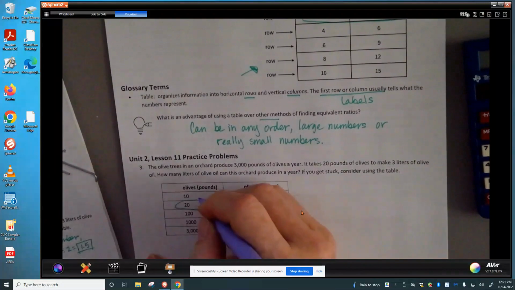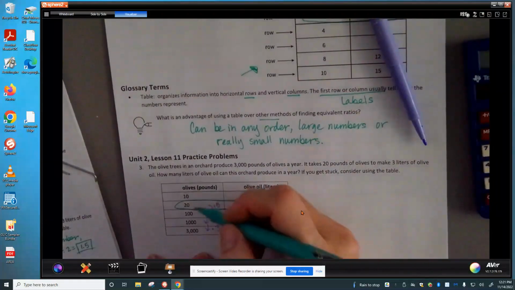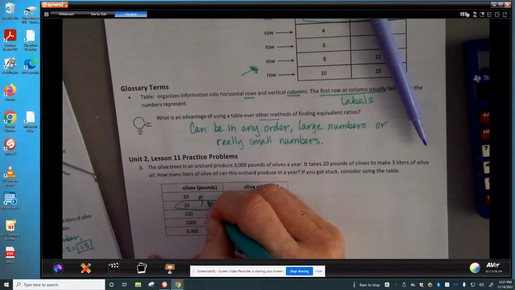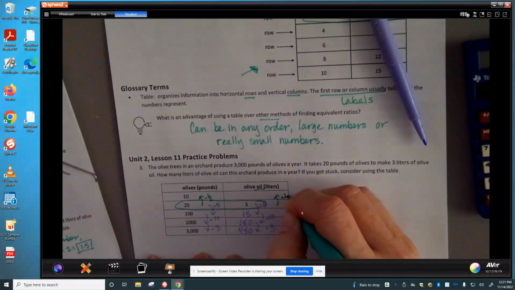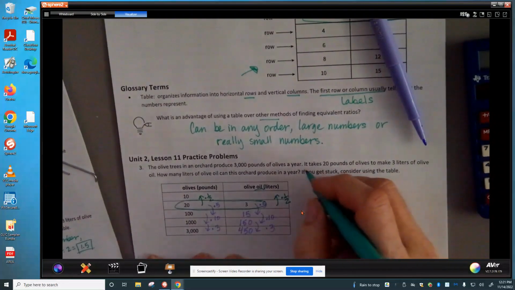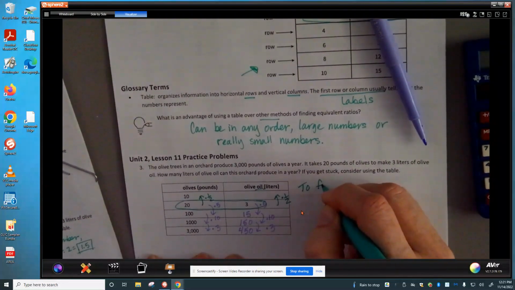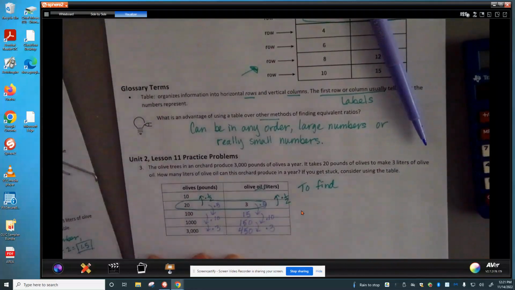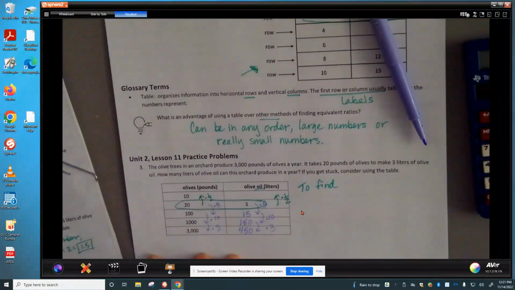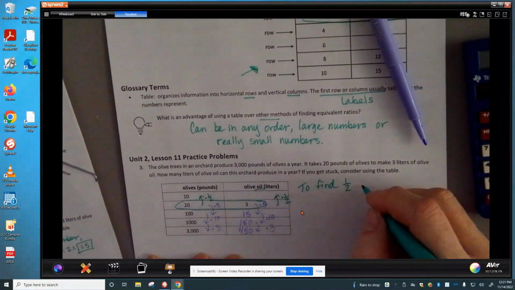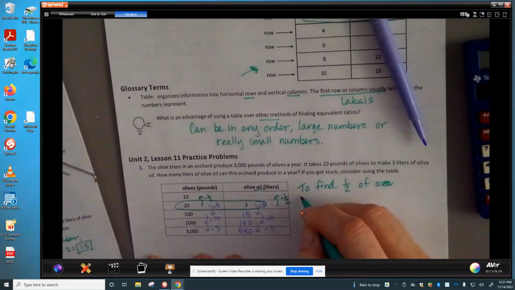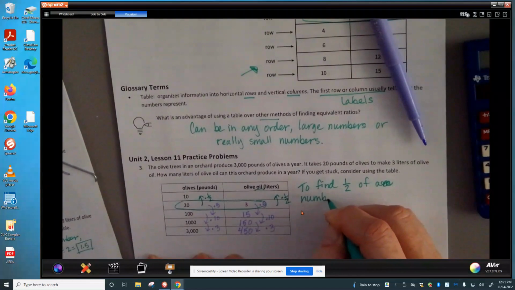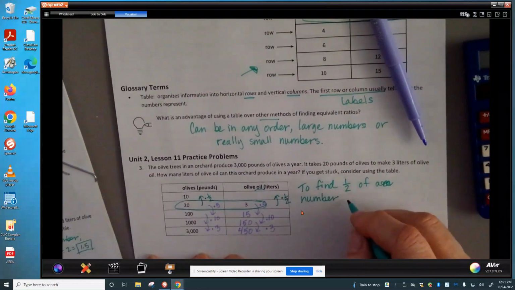If I wanted to go backwards from 20 to 10, that is finding half of 20, which is 10. So I would be finding half of 3. To find half of a number, oops, spelled that wrong, you divide by 2.